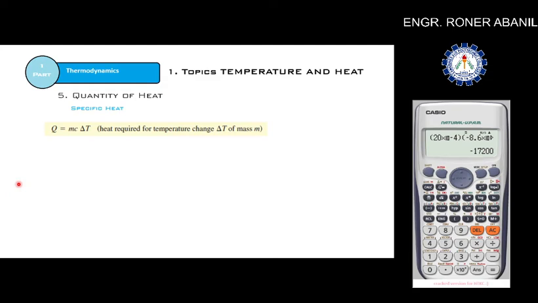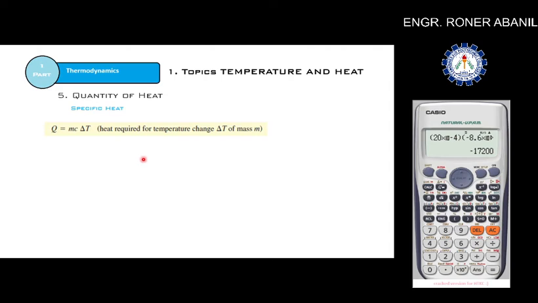So the quantity of heat Q required to increase the temperature of a mass m of a certain material from the temperature T1 to T2 is found to be approximately proportional to the temperature change T2 minus T1.